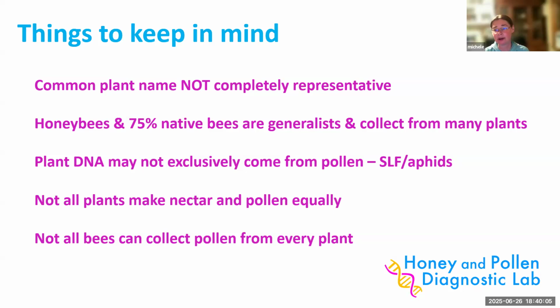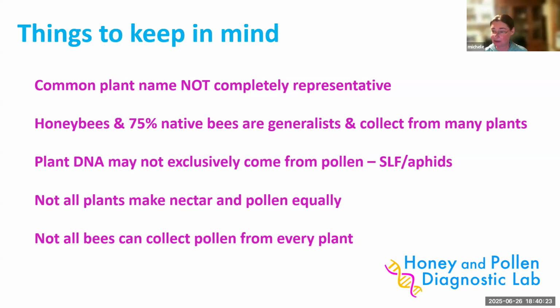One other thing that I have to bring up: honeybees did not evolve in North America. For a lot of the native plants that we put in, honeybees may not actually be able to collect pollen from them.